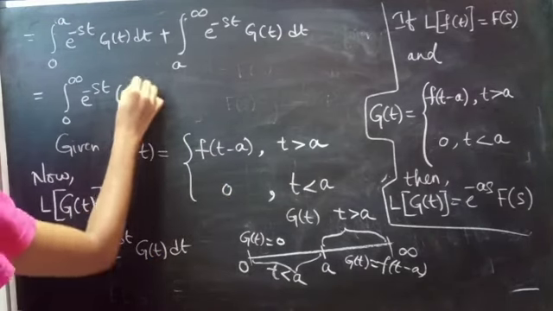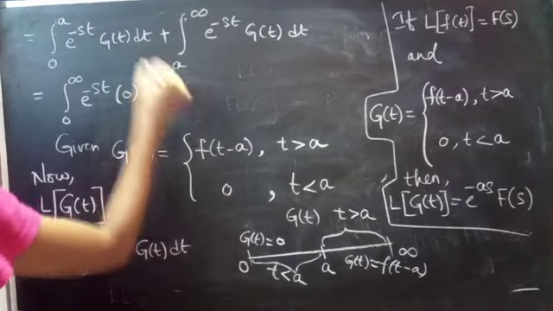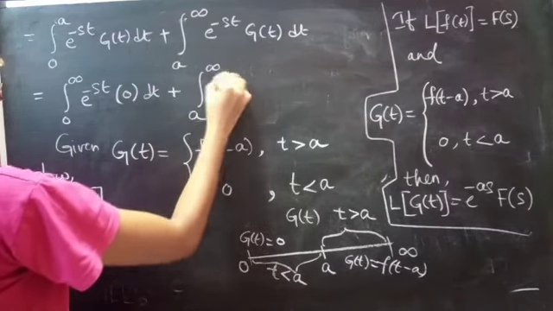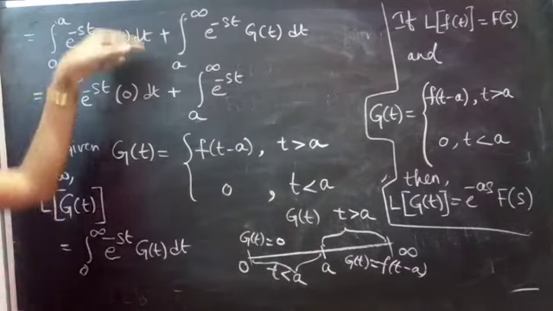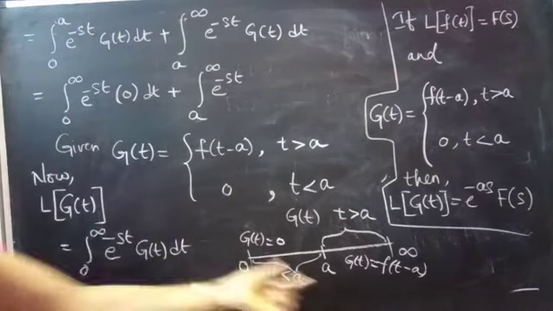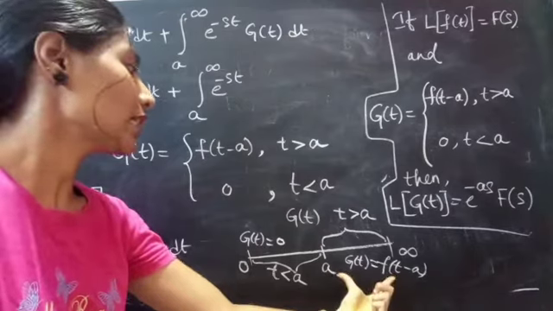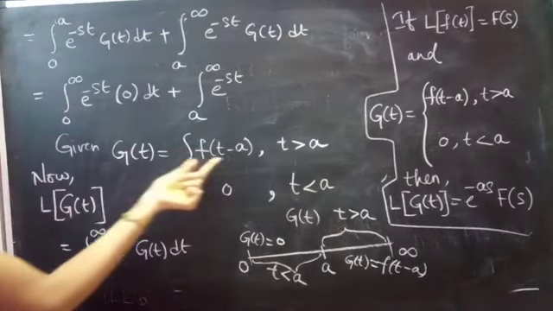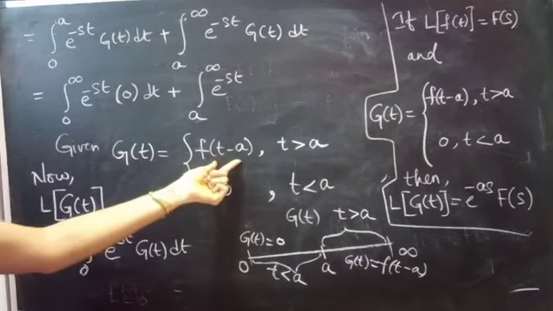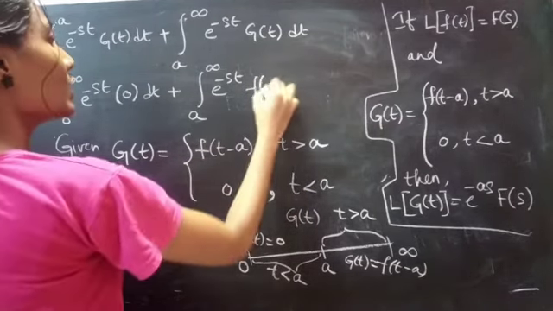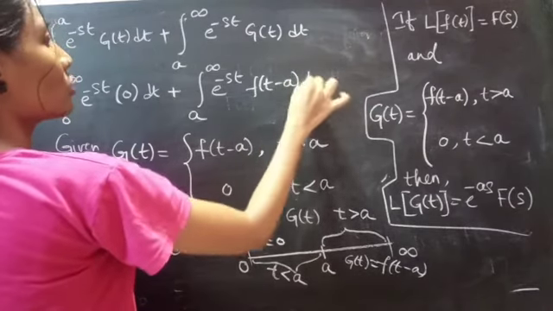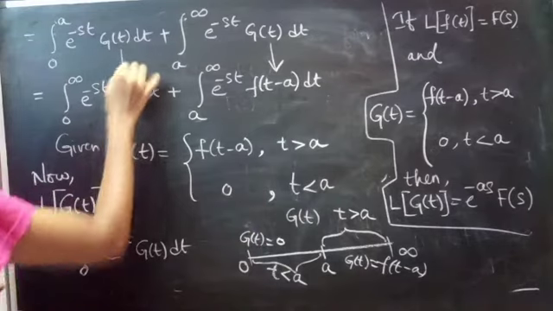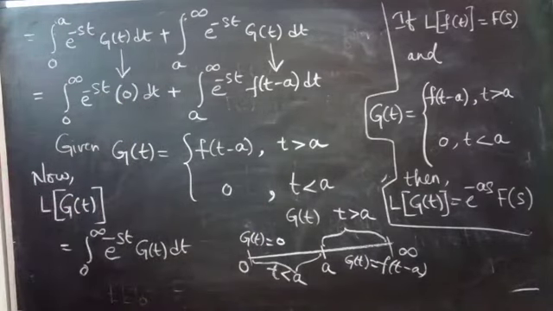So replace g of t with 0, into dt, plus the integral from a to infinity of e power minus st. When t lies between a and infinity, that is t greater than a, we have g of t equal to f of t minus a. So here we have replaced g of t with f of t minus a, and there we have replaced it with 0.